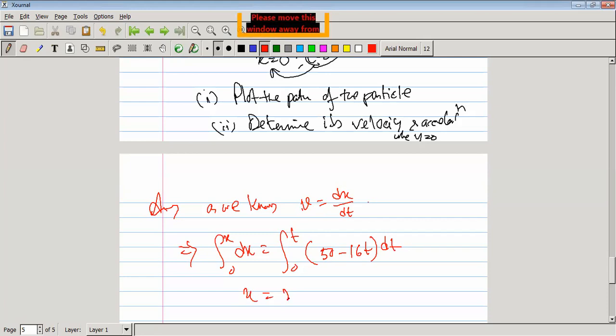So x is nothing but 50t minus 8t square. This will come in meters.